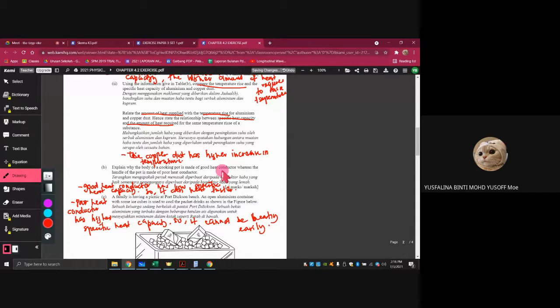Or you can say it will take time for it to be heated. So it's the same. 1 mark for the higher specific heat capacity, and another one for cannot be heated easily. So 4 marks.